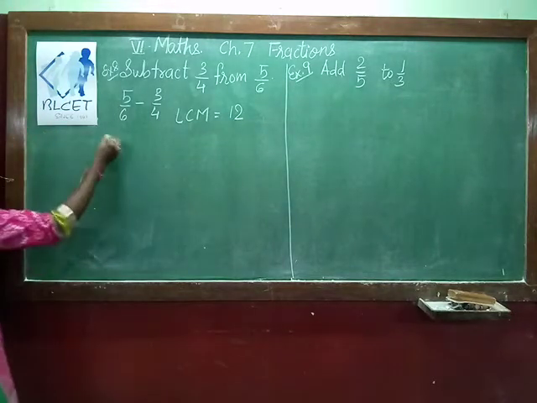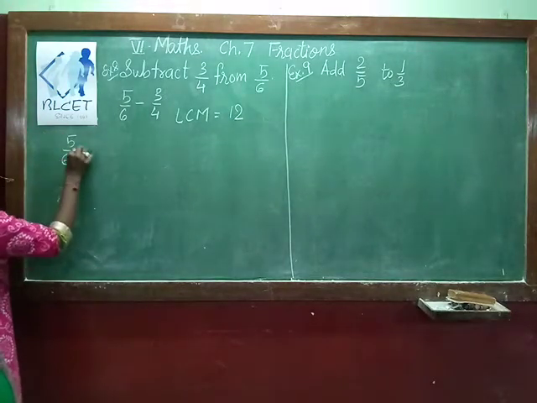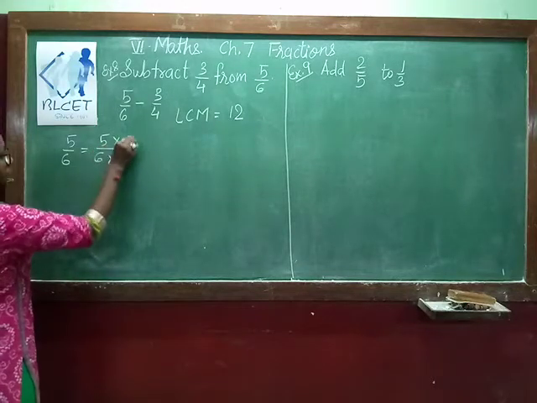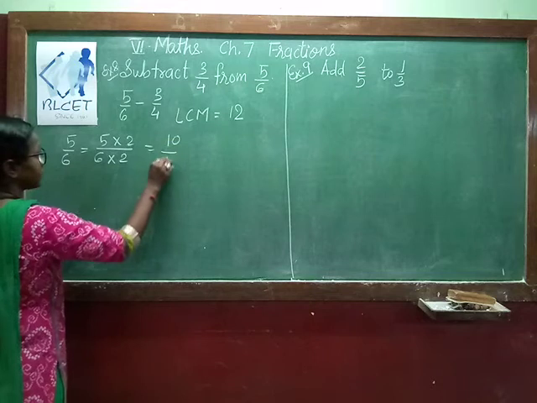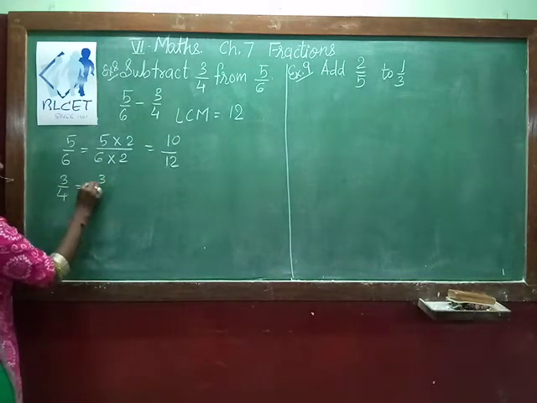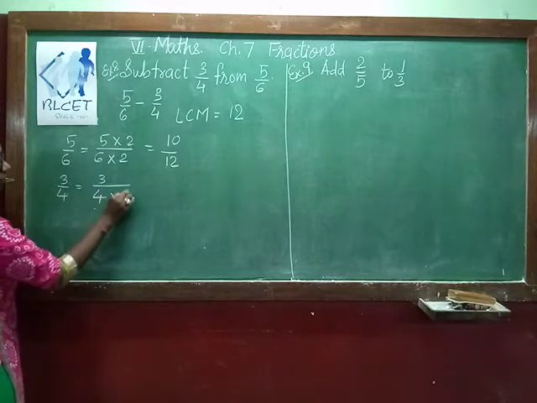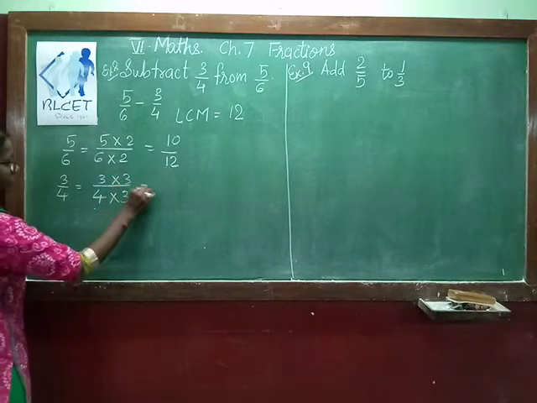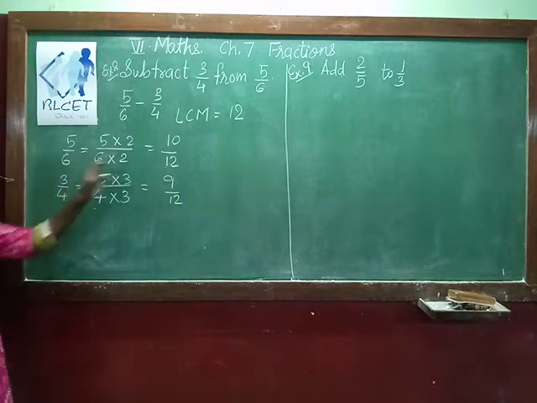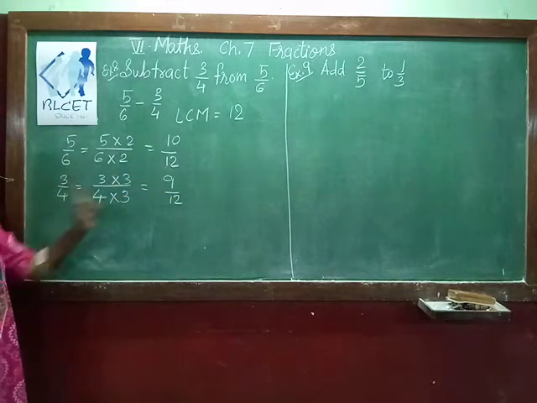So let's see. So 5 by 6 is equal to, by which number we have to multiply? 2. So 5 2s are 10, 6 2s are 12. Same for 3 by 4. By which number we have to multiply? 3. So 3 3s are 9 divided by 12. So now the equivalent fraction of 5 by 6 is 10 by 12, and 3 by 4 is 9 by 12.